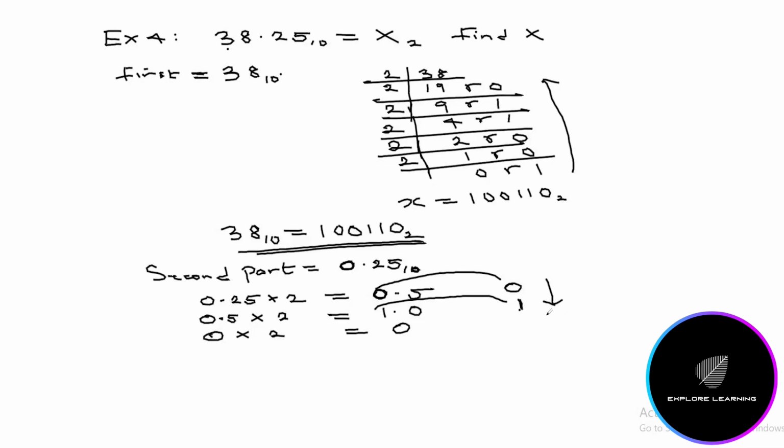So in this case, 0.25 base 10 is equal to 0.01 base 2. For multiplication, we have to consider the value from top to bottom.